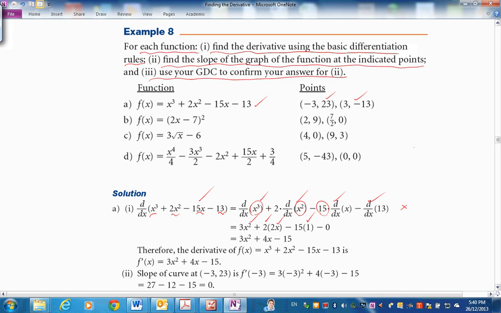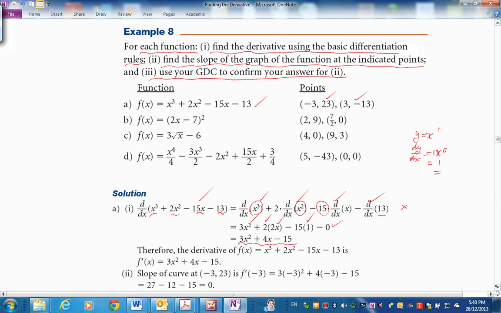Remember the derivative of x, dy by dx, is 1. y equals x to the 1, dy by dx is 1 times x to the naught, if you like, or just 1. The derivative of a constant is 0. So we can simplify it to that expression.